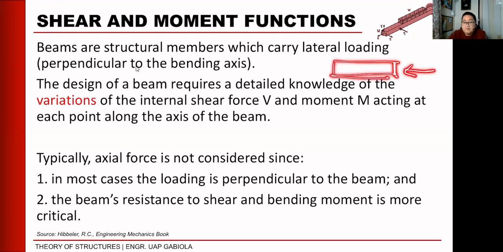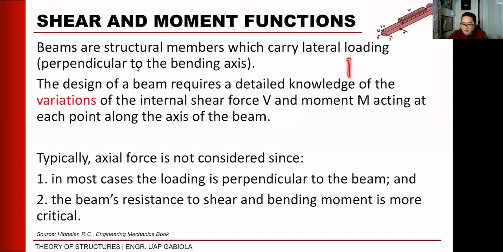And usually, kapag sa structures natin, si beam, ang pinaka-function niya is to carry yung mga applied loads na nakapatong sa kanya. Okay? So, wala siya usually nito. Okay? And then, the beam's resistance to shear and bending moment is more critical compared dun sa normal force natin.